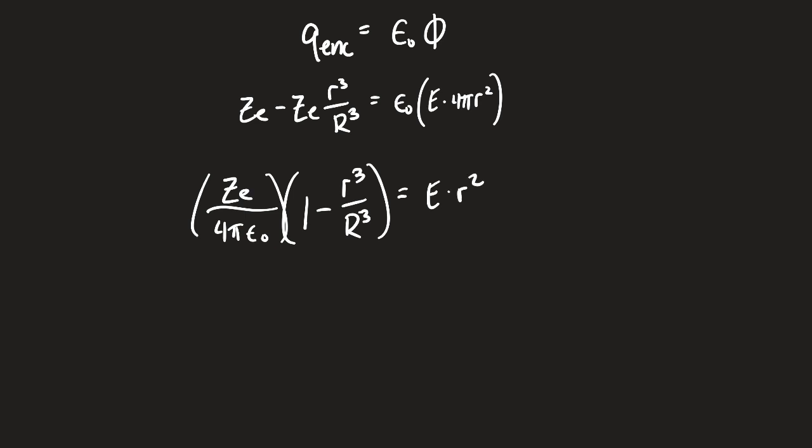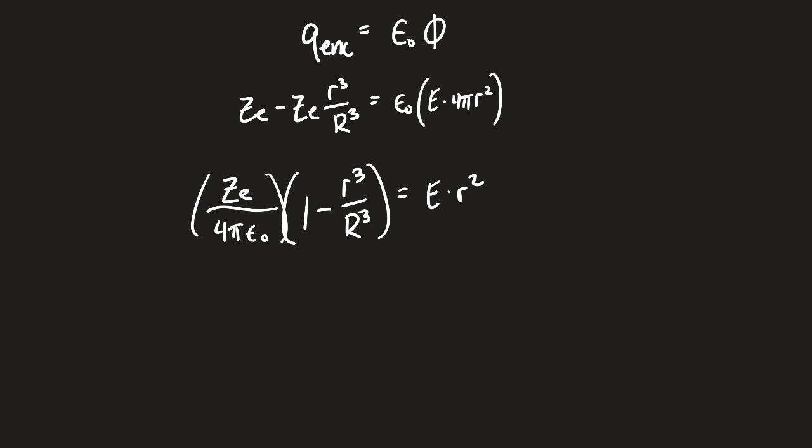I'm doing this in two steps because I did a bunch of factoring, and I want to make sure that I'm not doing too much algebra and losing some folks. Am I okay? I just divided both sides by 4 pi epsilon naught and factored out Ze.